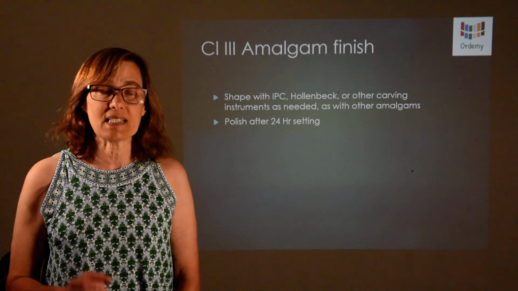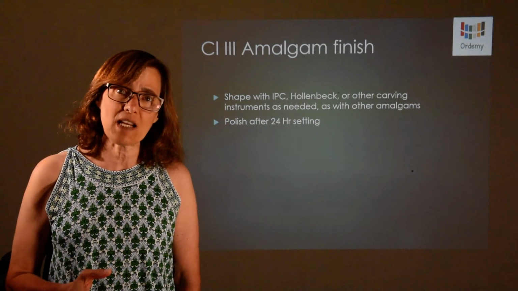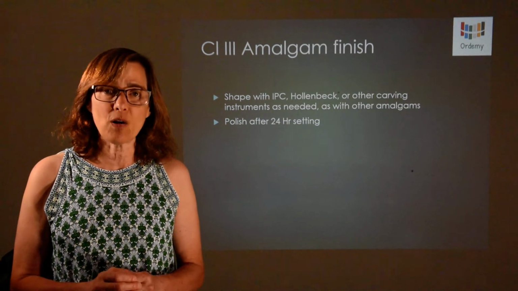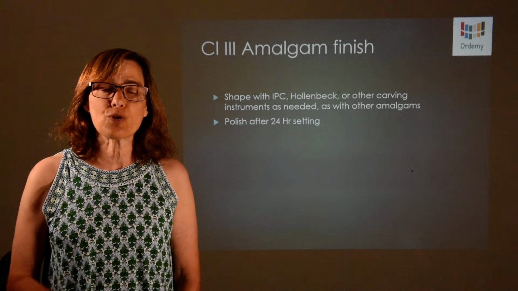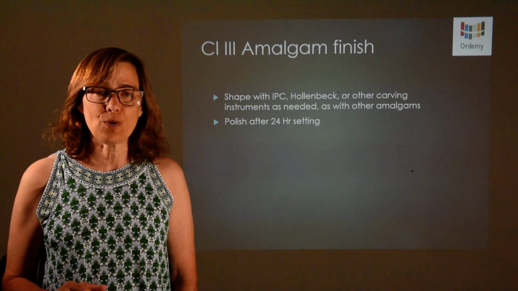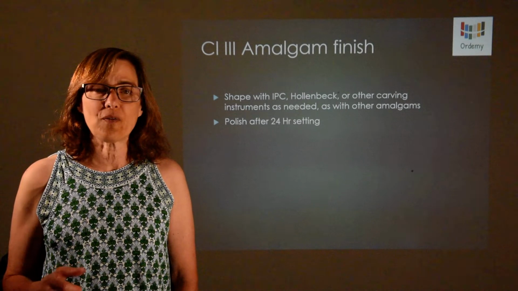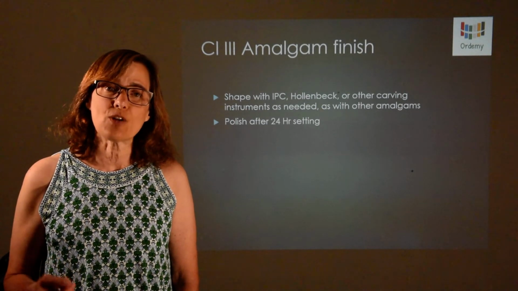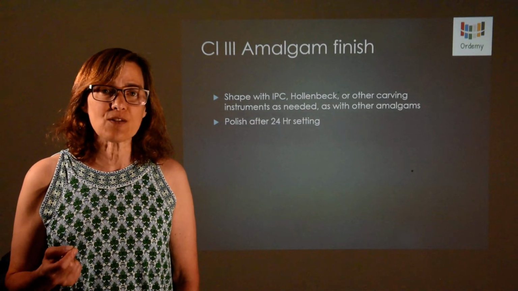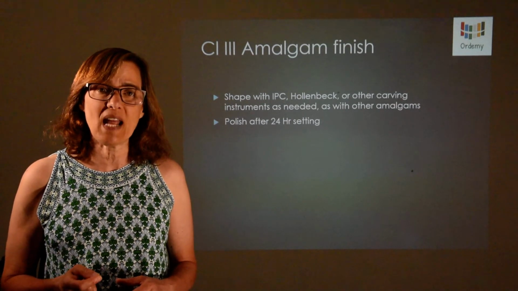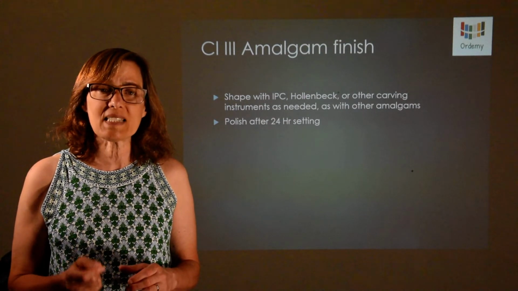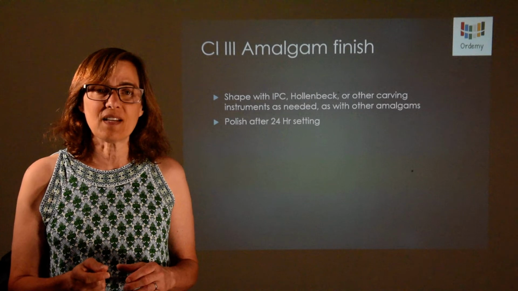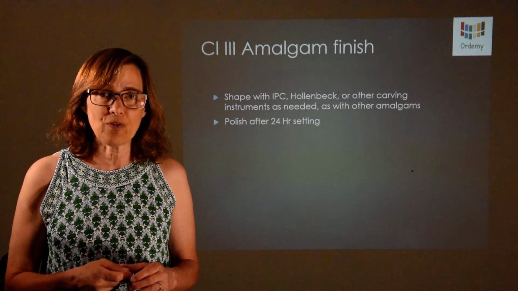It is either in a circular or egg-shaped ball, and you will use your 1-2 condenser. You will fill the 1-2 condenser, and using the smaller condenser at a 45-degree angle, you will place the amalgam in the developmental groove.